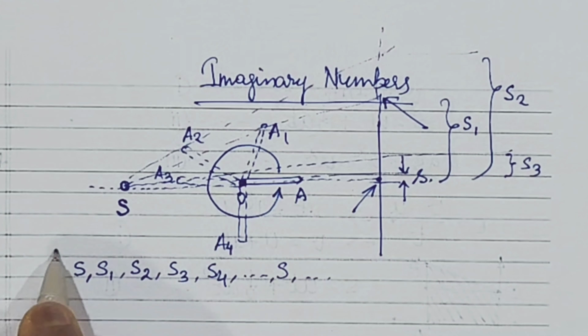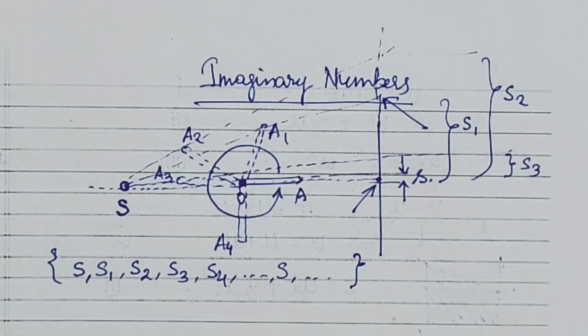So this is a series, a set of numbers which denotes the variation of the length of the shadow. Now, how does that relate to imaginary numbers?